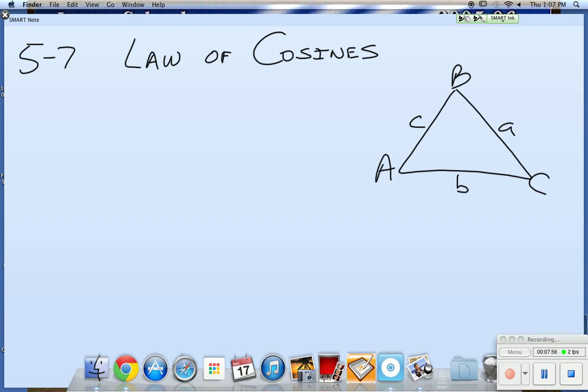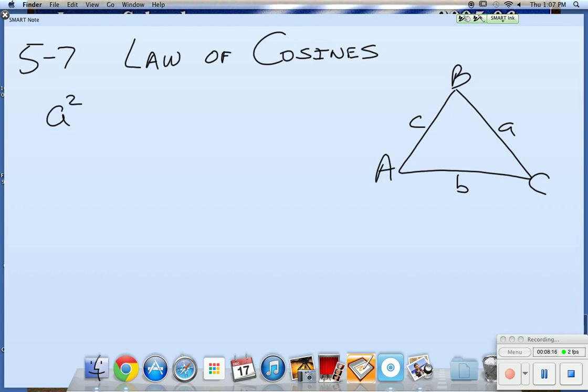This is different. Law of sines is actually really easy. Law of cosines, you're going to create the equation that you need to use. And this is the way it works.